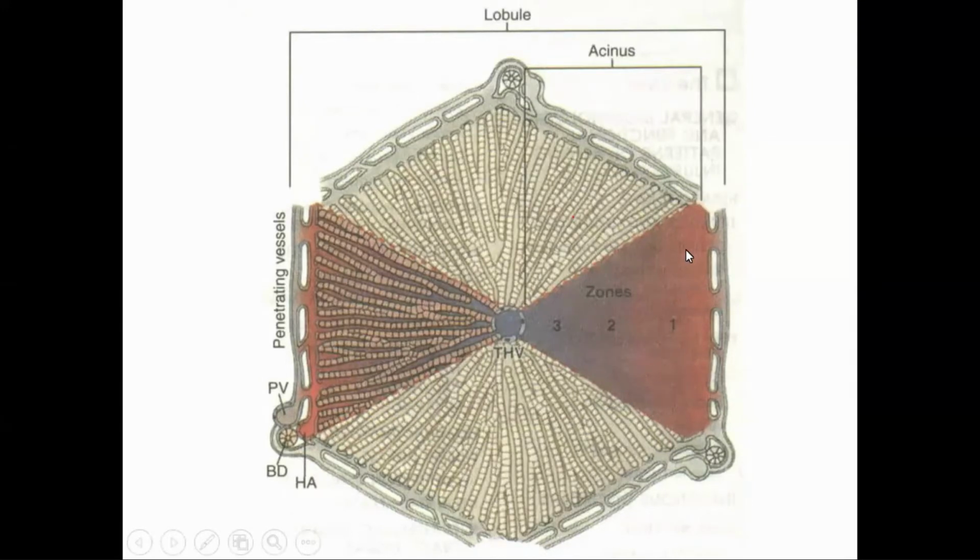Zone 1 gets maximum blood supply, and zone 3 gets less, so maximum changes of hypoxia are here, and maximum changes of any toxin are here, because this gets less blood supply. So this is a functional lobule which has three zones, and this whole hexagonal thing is an anatomical lobule.